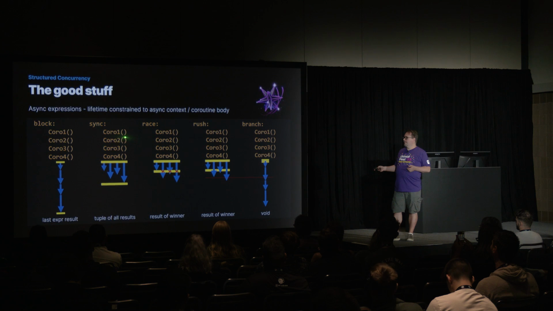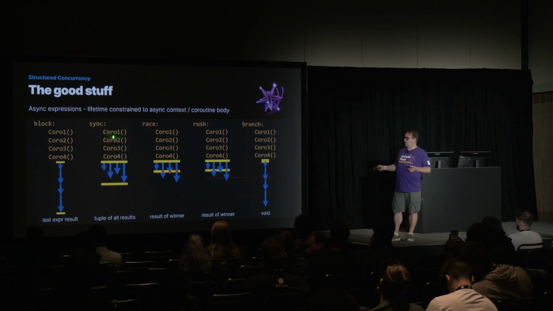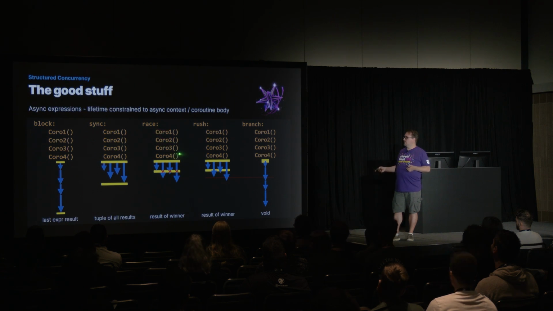For a sync, it returns a tuple of all the results of all of its sub-expressions. With a race, it will return whichever one of the sub-expressions finished first. Same with rush. And branch, because it continues immediately, it doesn't have any result because you can't know if it's going to even return.